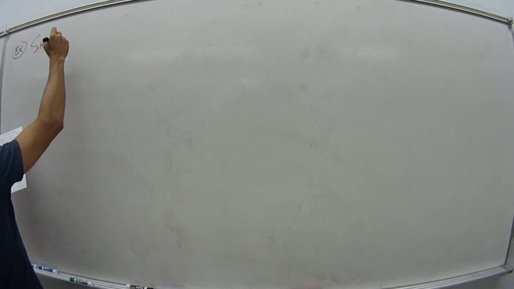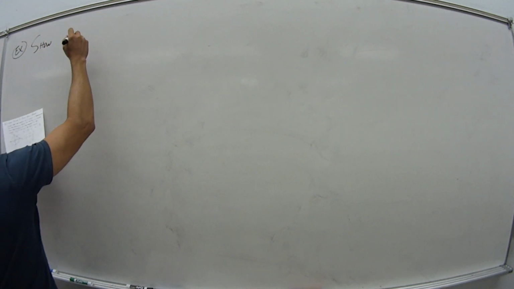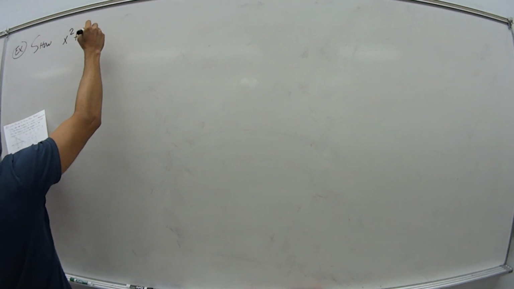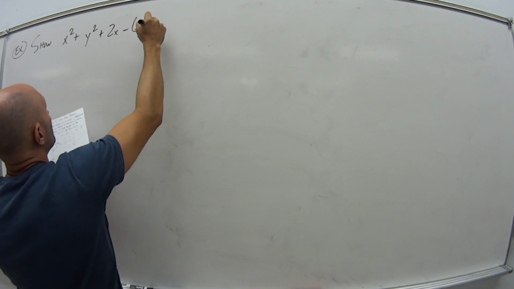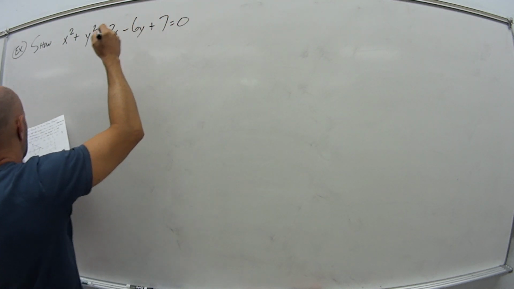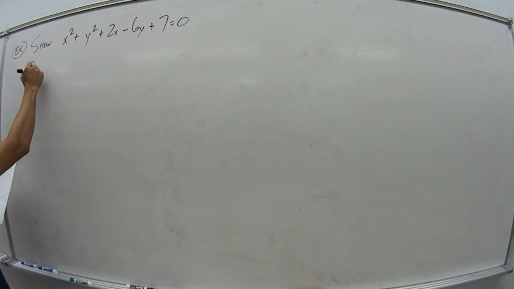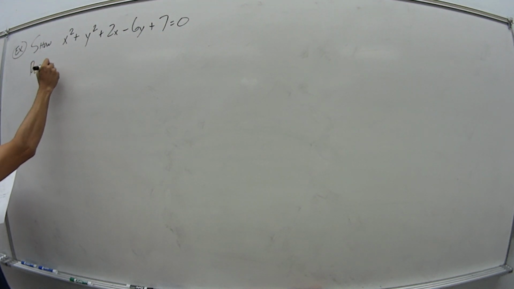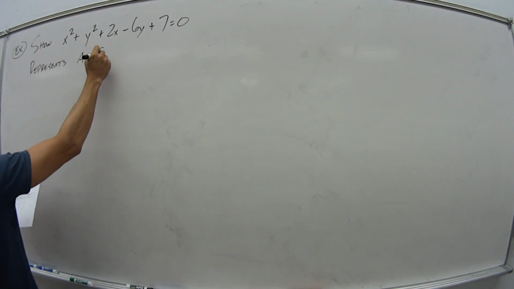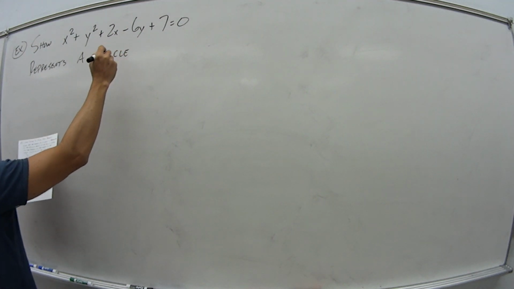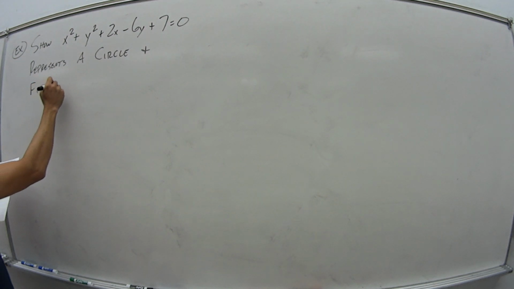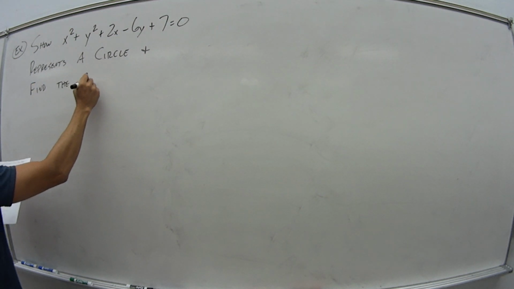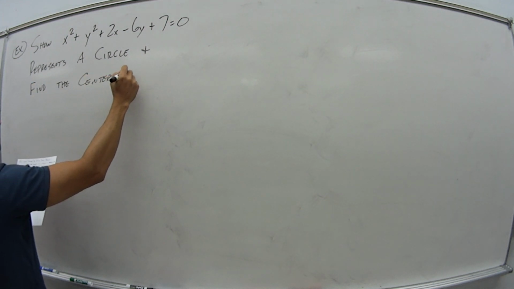So in this example, we want to show the equation x squared plus y squared plus 2x minus 6y plus 7 equals 0 represents a circle, and then we want to find the center and the radius.